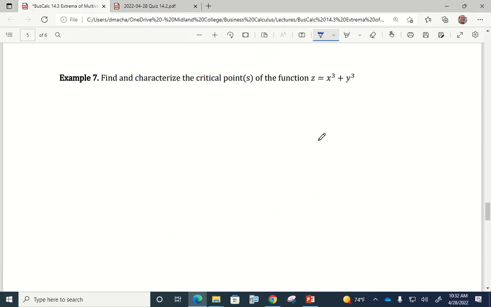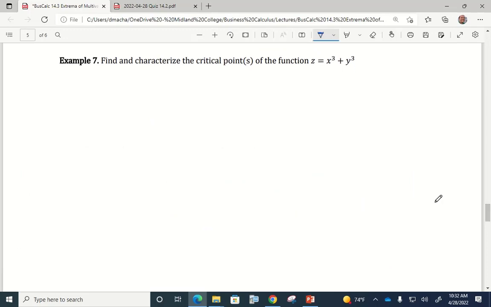On example 7. We want to find and characterize the critical points of that function. So we'll find all of my first and all of my second derivatives.